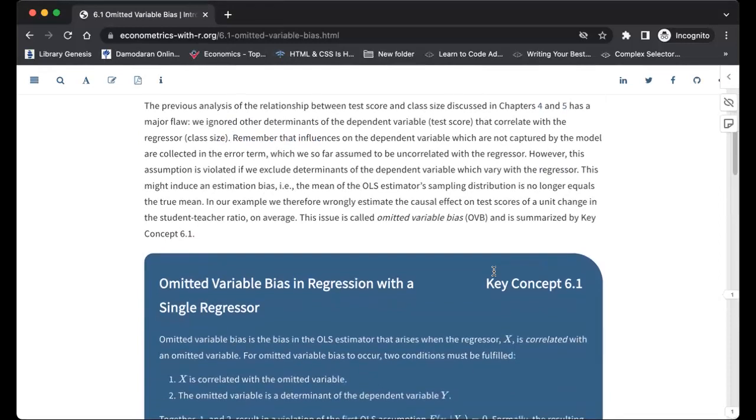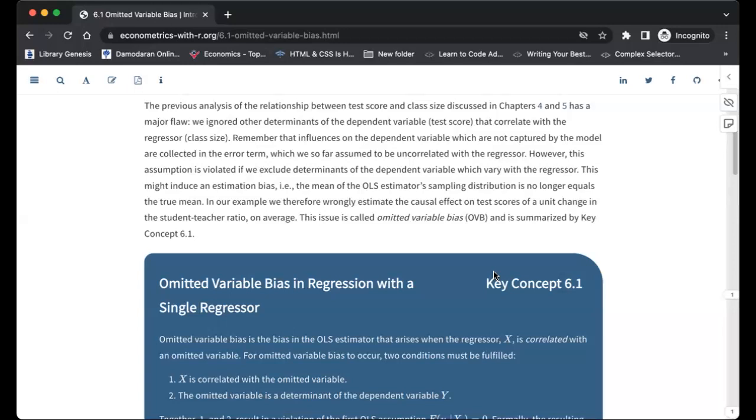The previous analysis of the relationship between test scores and class size, discussed in chapters 4 and 5, has major flaws. We ignore other determinants of the dependent variable, like the test score, that correlate with the regressors.